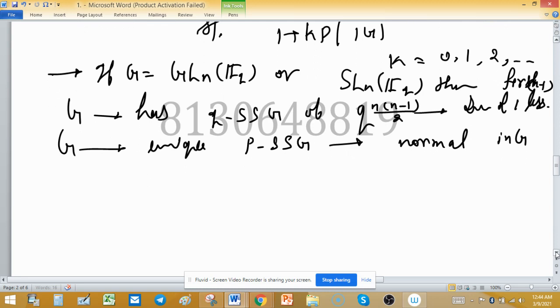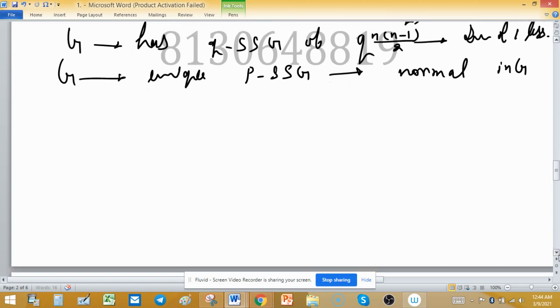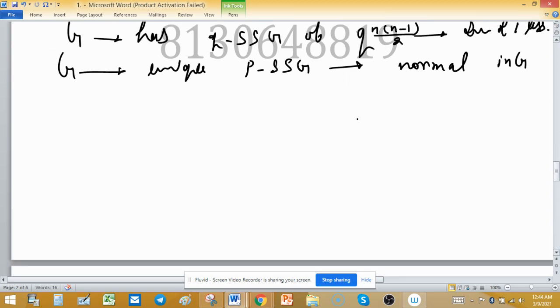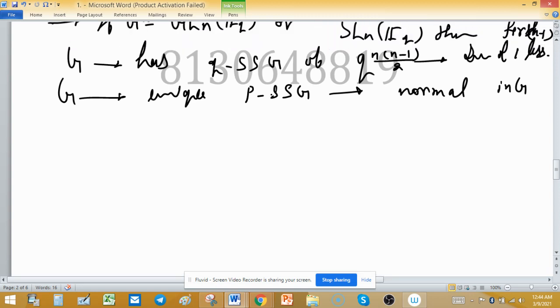Very important. Number of non-isomorphic abelian groups of order, this is only for orders whose prime factorization involves 2 and 3.